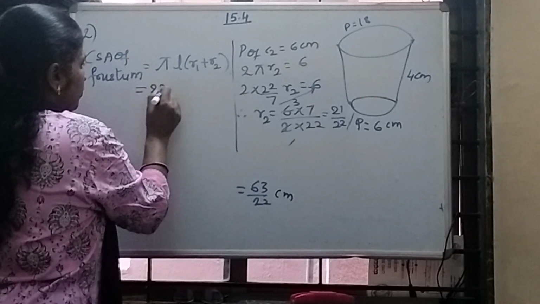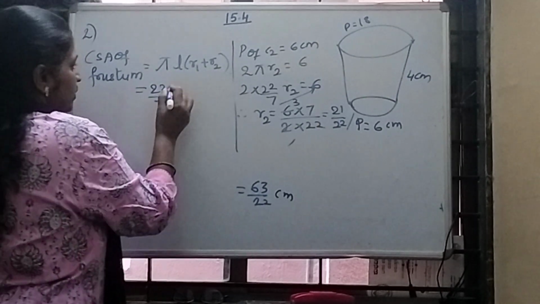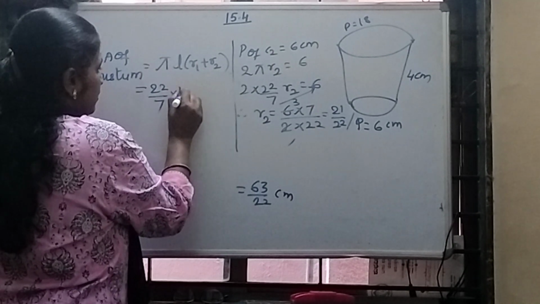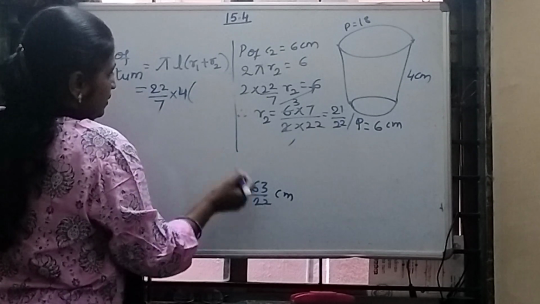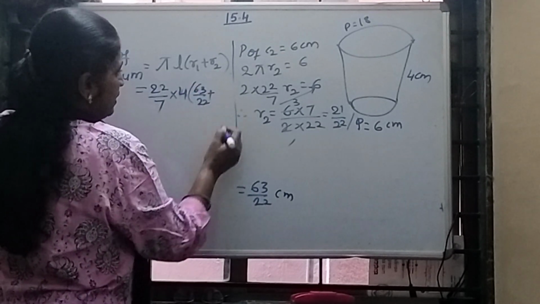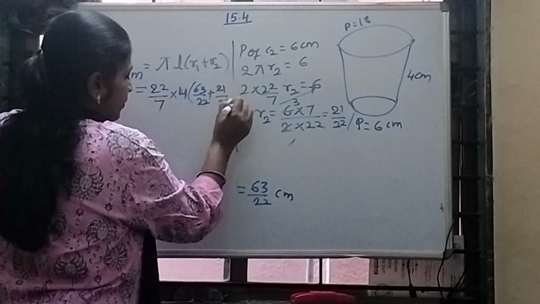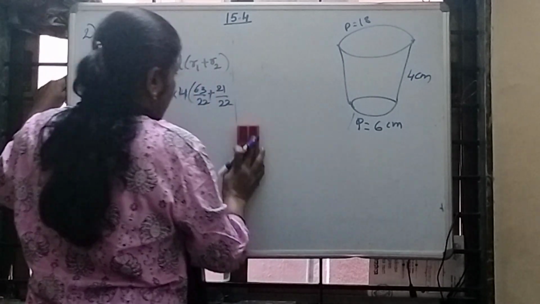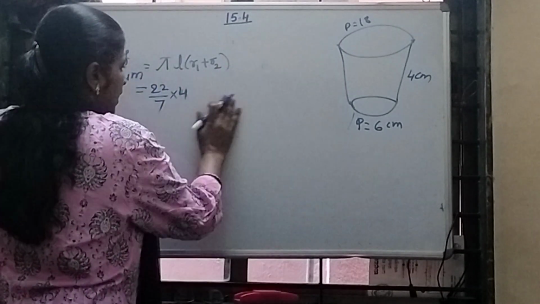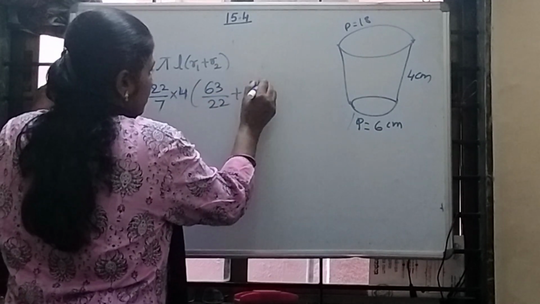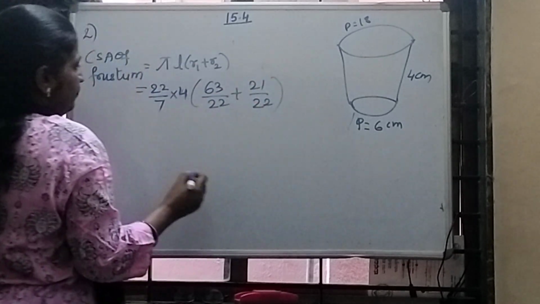This is 22 by 7 into the slant height given, 4 centimeters, into R1 which is 63 by 22 plus R2 which is 21 by 22.